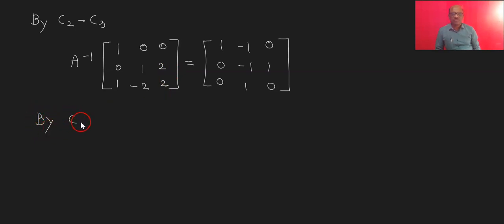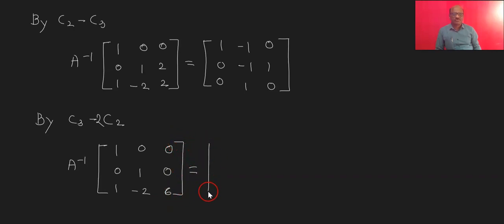Now the next operation is to make this element a 0 by the operation C3 minus 2 times C2. Therefore, here you will get the first two columns as they are: 1 0 1, next 0 1 minus 2, and here 0, 0, 2 minus in bracket minus 2, that is 4, and overall you will get 6.